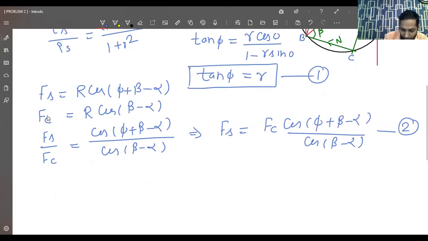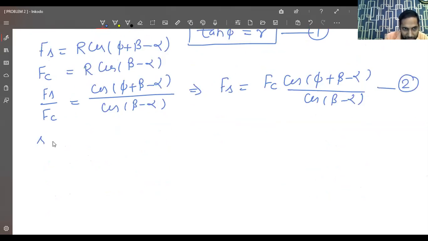Now we know that the shear stress or the shear strength of the work material, tau s, is equal to Fs by As. As is bt over sin phi. So I can write here the value of Fs.